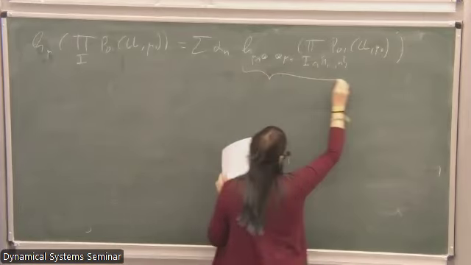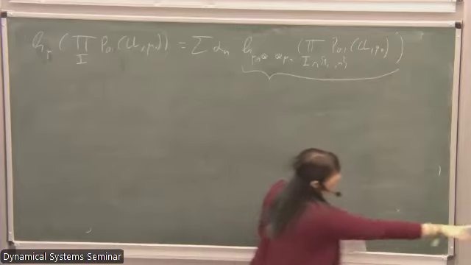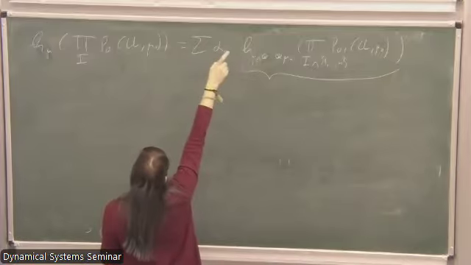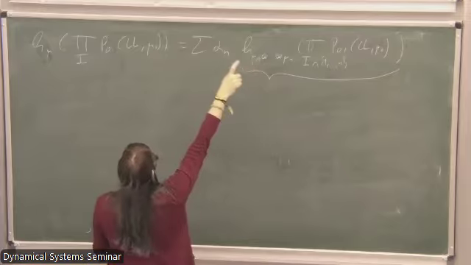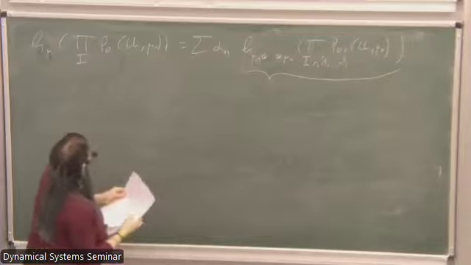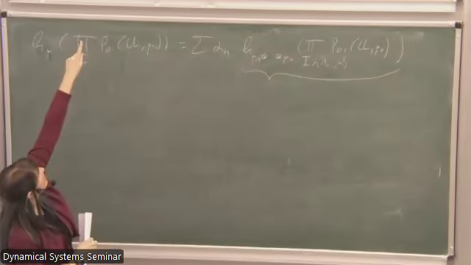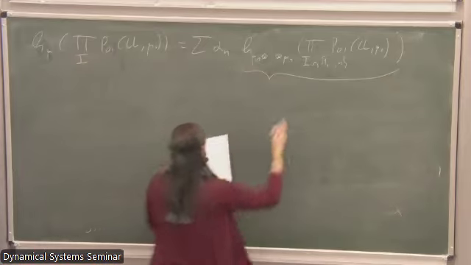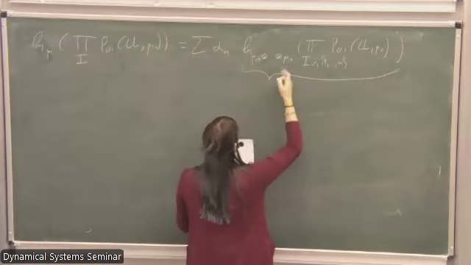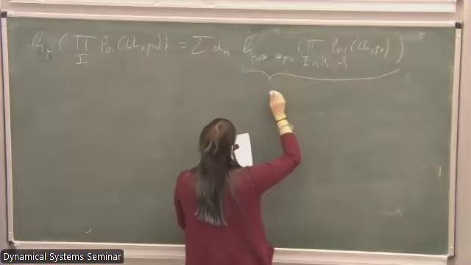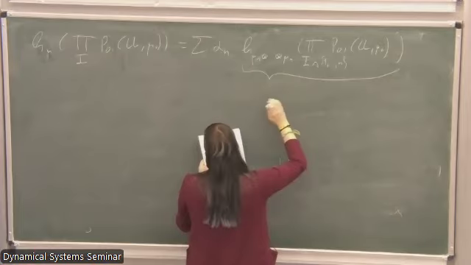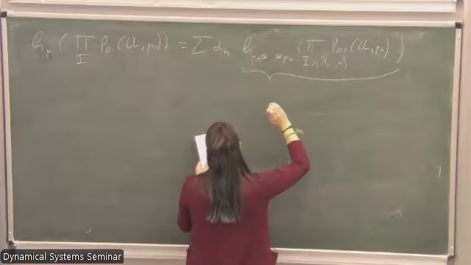But again, with the same calculation from before, this was the product of mu 1 until mu n, and they were chosen in such a way that I have this beta k, and then the rest is not judged. So I have really just a sum over these beta k's.